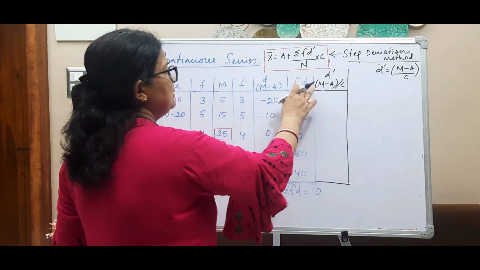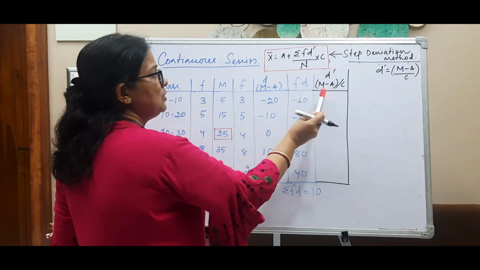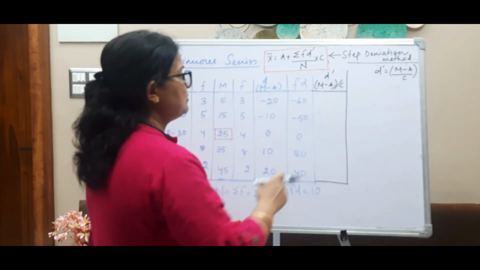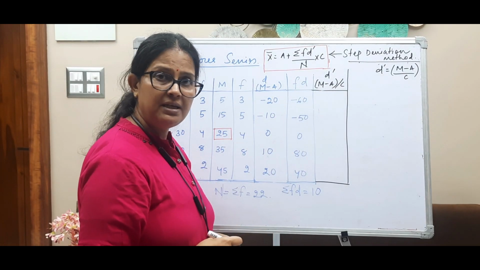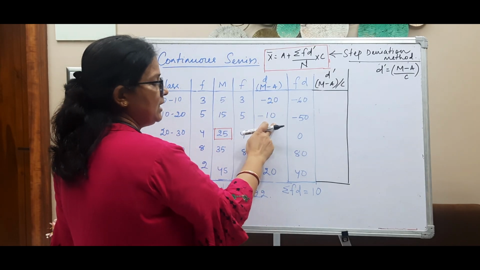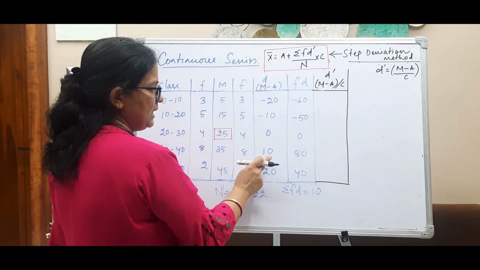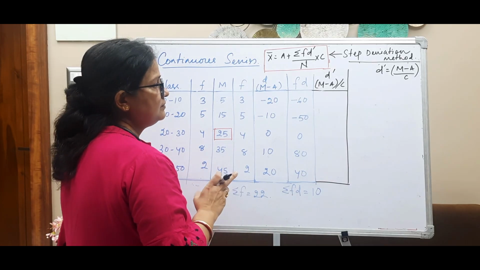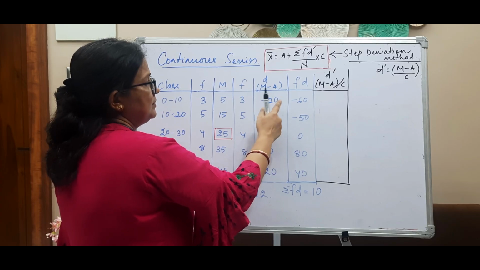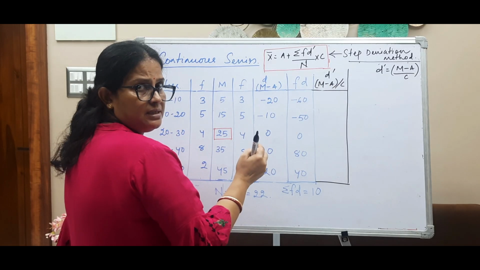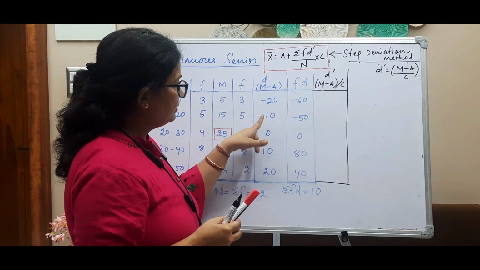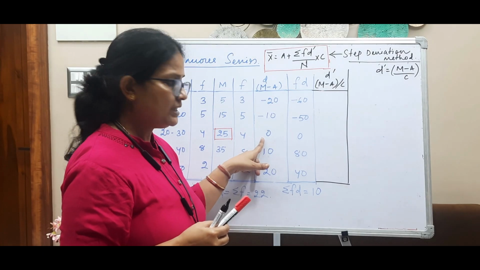So put all the values now. We need to calculate d dash here. d dash equal to m minus a divided by c. What is m minus a? m minus a is minus 20, minus 10, 0, 10, 20. We have to choose one value by which we can easily divide all the deviation values.